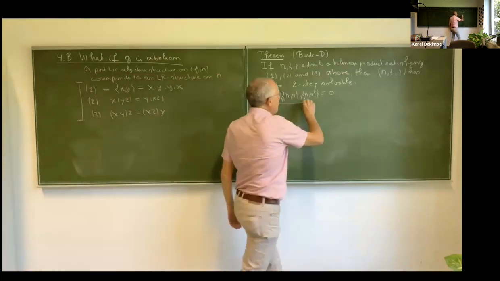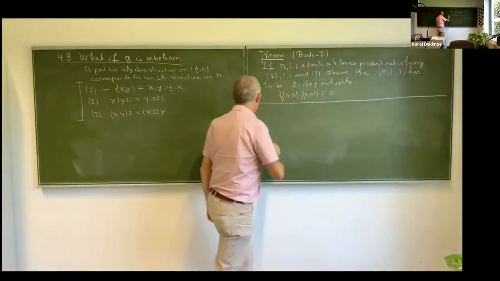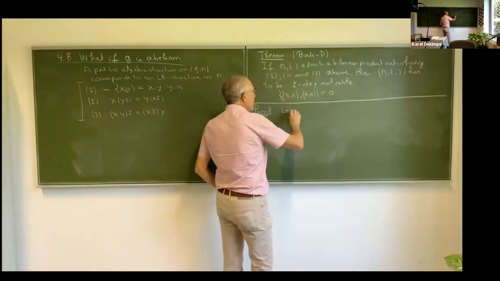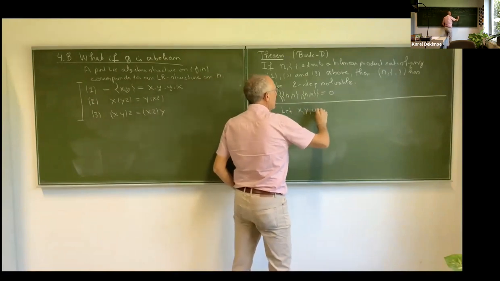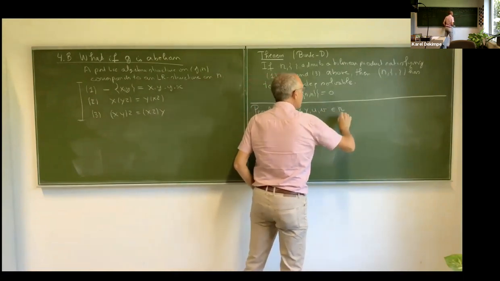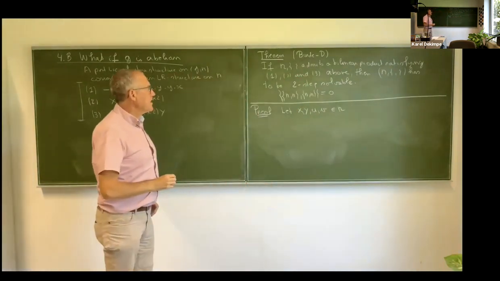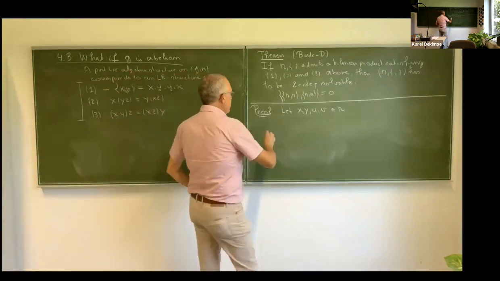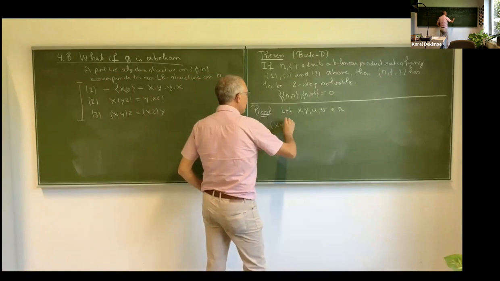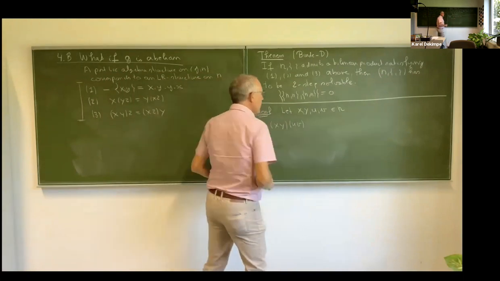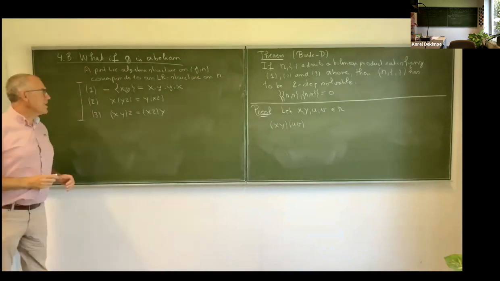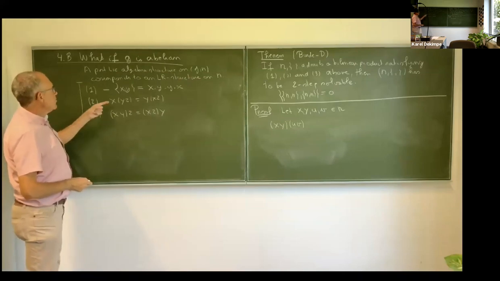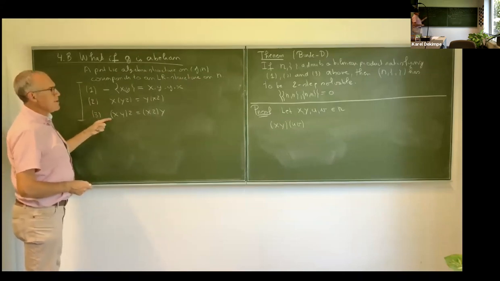Now let me give the full proof of this result. And so let me first of all just pick 4 random elements in the vector space N, okay? And let me make a small computation. So I put xy times uv, and the only thing that I will use in the computation is property 2 and 3. So I will use that left multiplications commute and right multiplications commute.